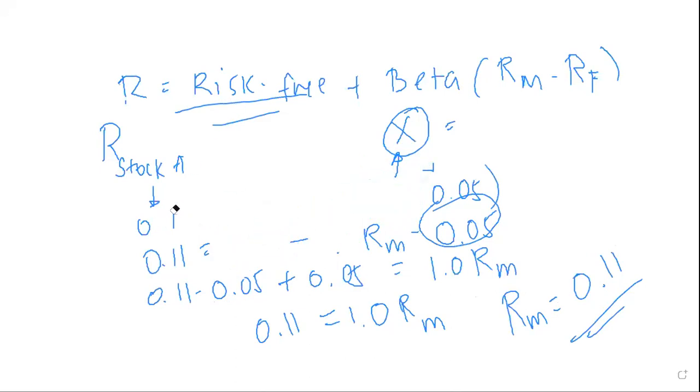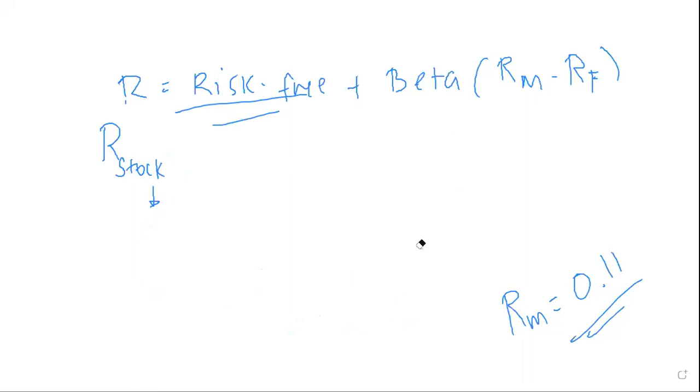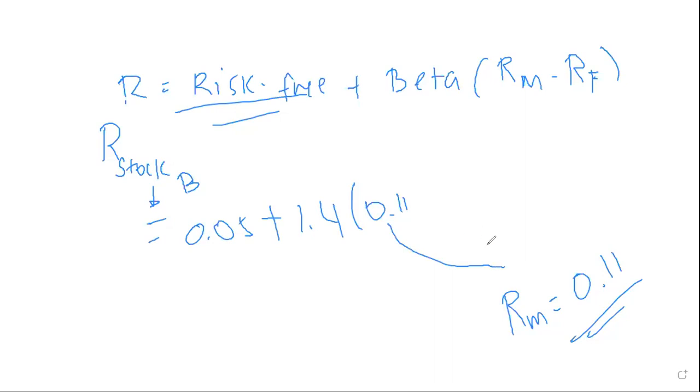So for stock B, to compute the required rate of return for stock B, stock B's return is equal to risk-free rate 0.05 plus beta of stock B, given as 1.4, times 0.11, which is our market return, minus the risk-free rate of 0.05.